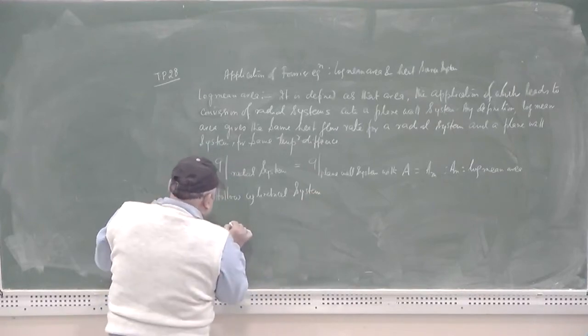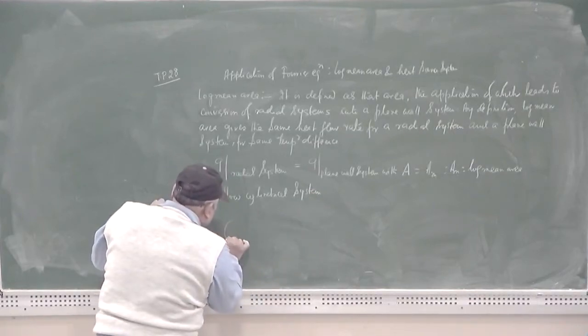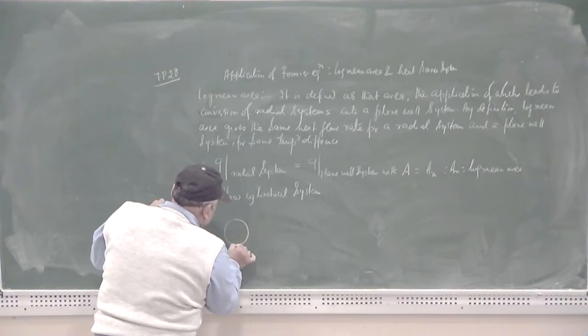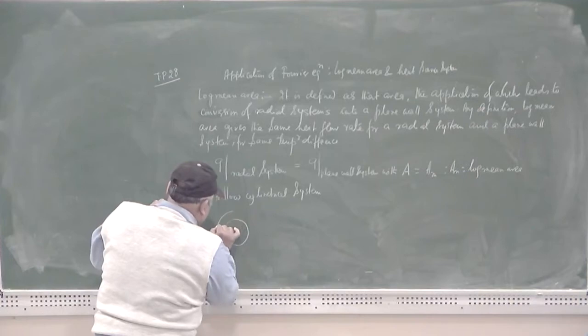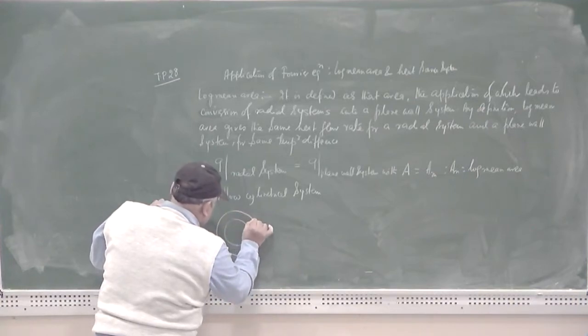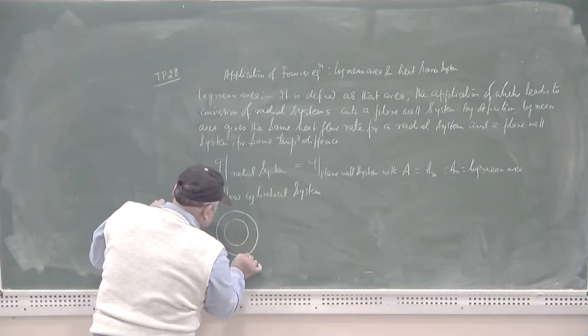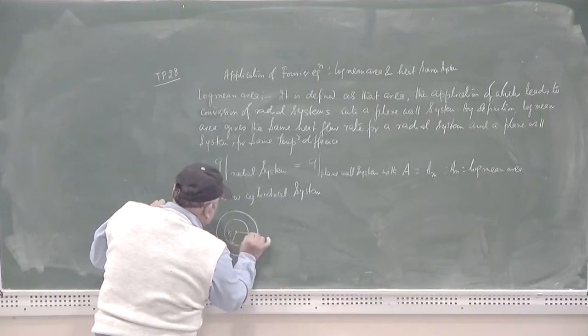The plan view of a hollow cylindrical system can be shown as follows. This is the inner and outer cylinders. The inner cylinder has a radius R1, the outer cylinder has a radius R2.